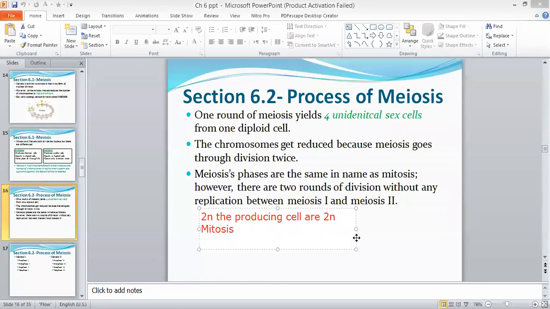But in case of meiosis, 2n produces just n cells.